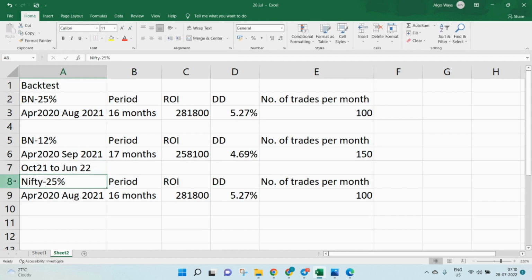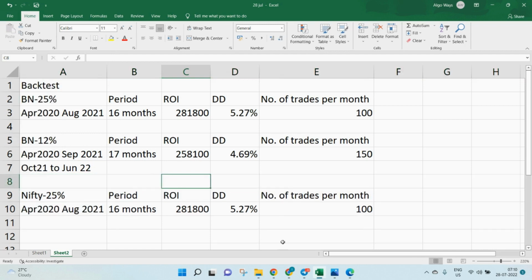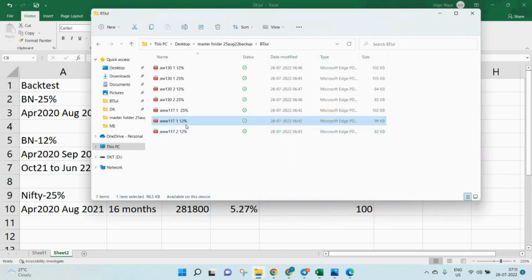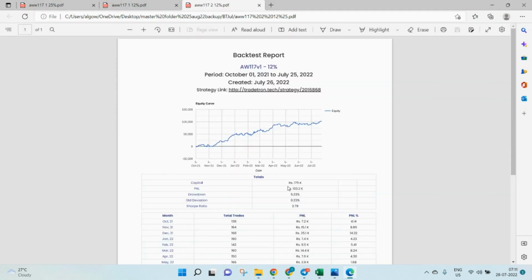Let me just see the data. This is October 21, that is 3 months of 21 to July, 7 months of this.